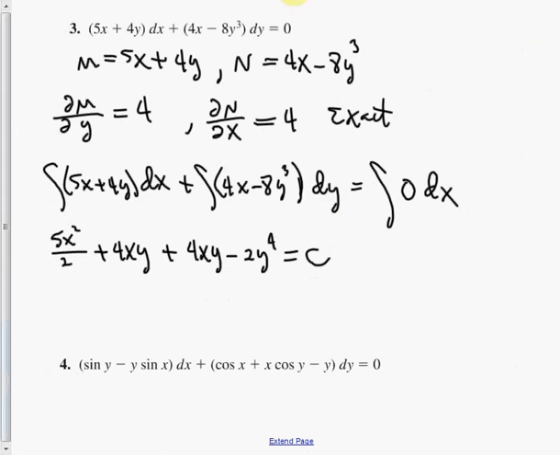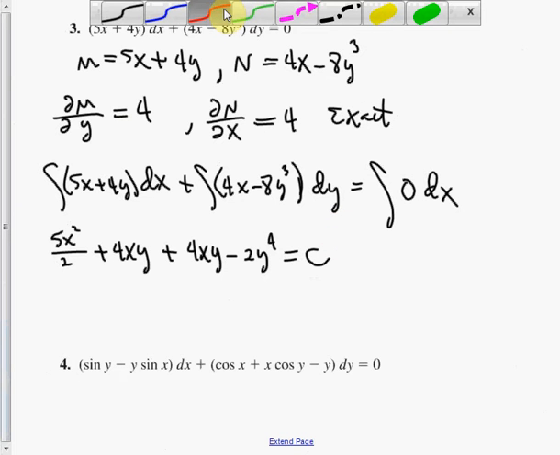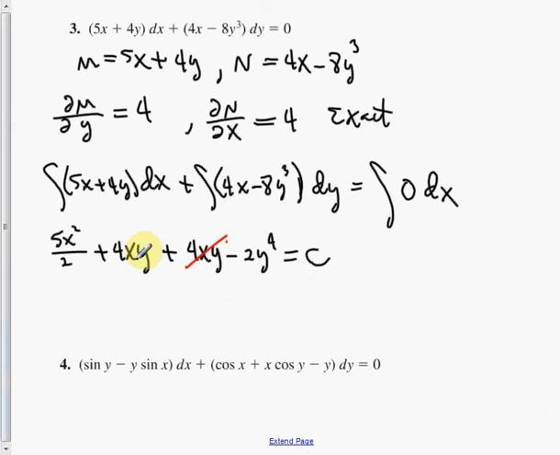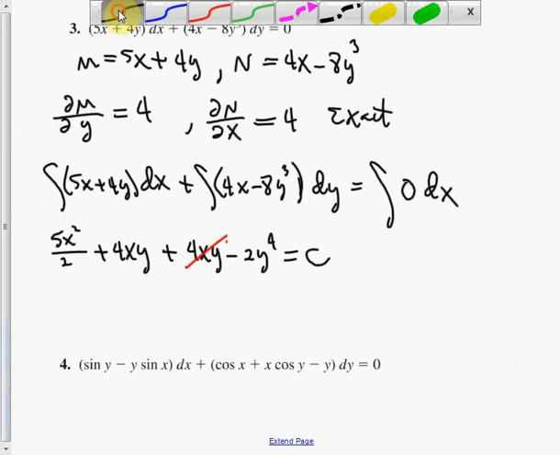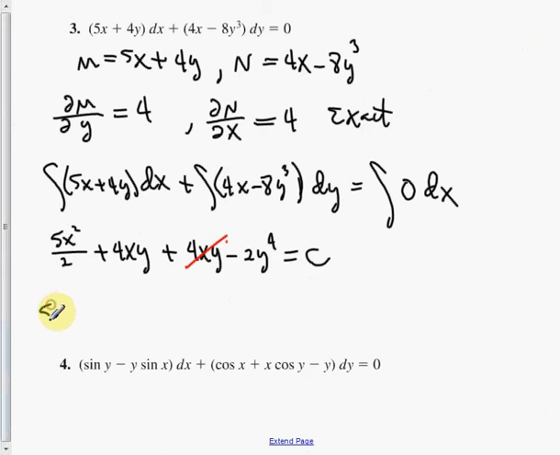That's equal to C. Do I have some repetition? I have 4xy, so I'm going to delete one, keep the other. So here we have 5x squared over 2 plus 4xy minus 2y to the fourth is equal to C.